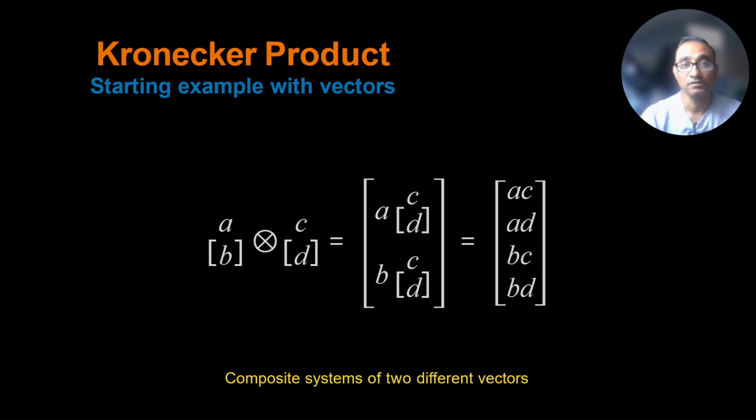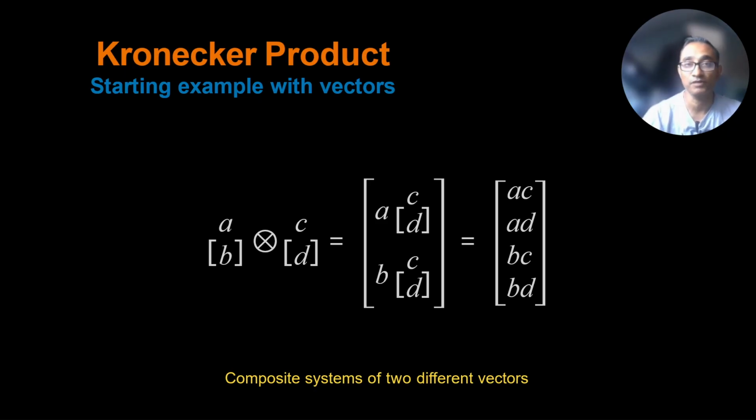To begin with, we have something called Kronecker products. It gives a representation of a composite system, which is a combination of two different vectors. It's represented by a cross in a circle, as you can see on the screen.